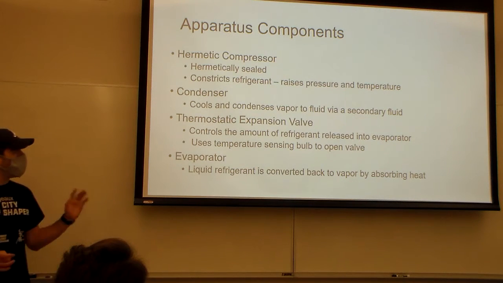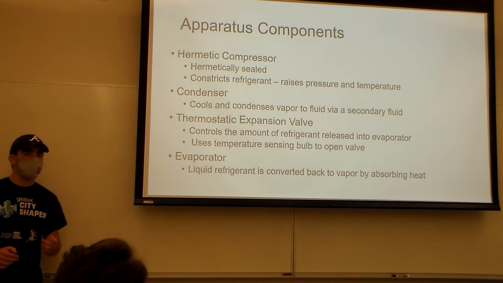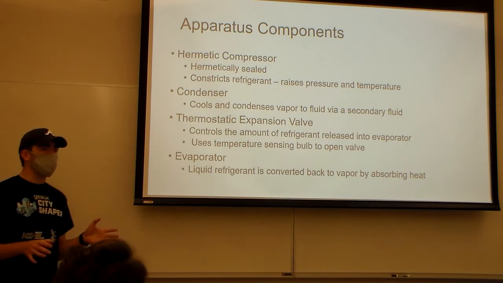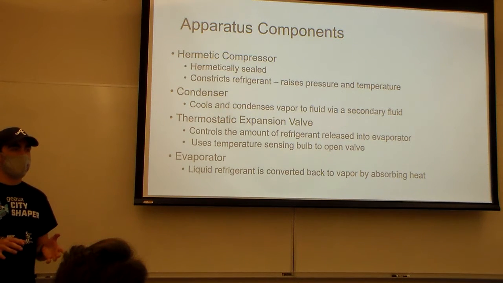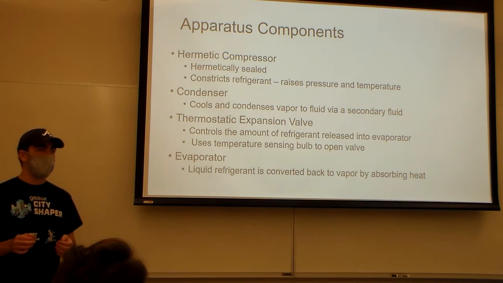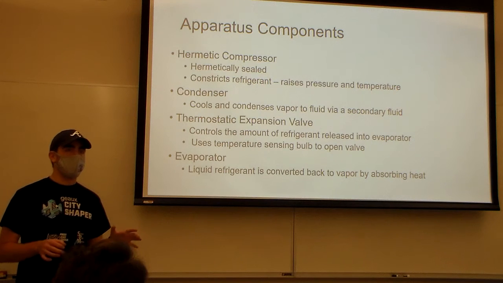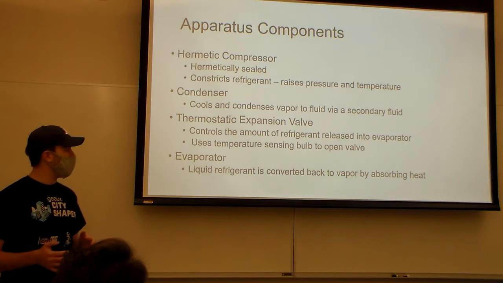Then it goes into a thermostatic expansion valve, which is really important for refrigeration cycles. This controls the amount of working fluid that goes into the evaporator. It uses a temperature sensing bulb to open the valve and determine how much working fluid is going in there.